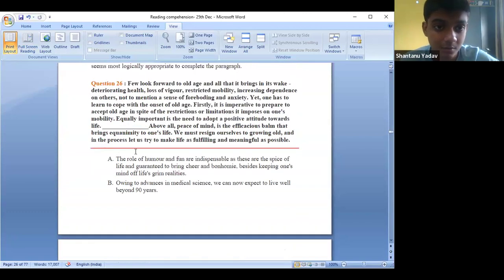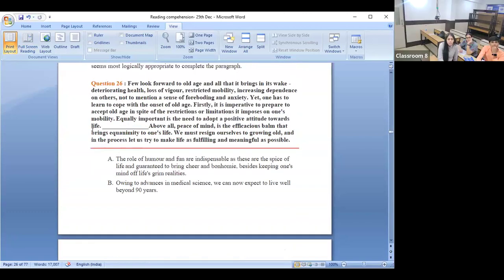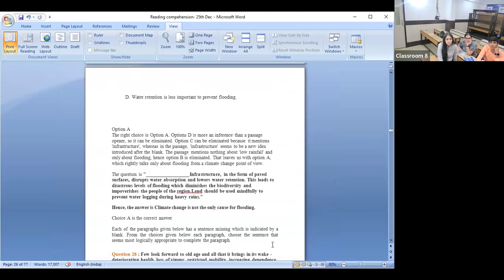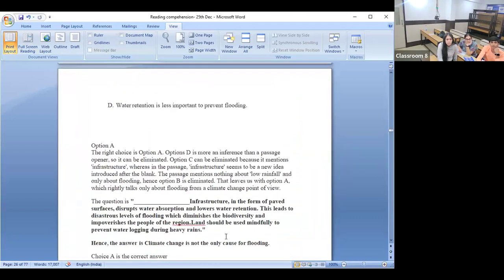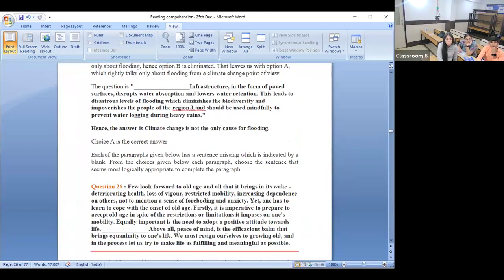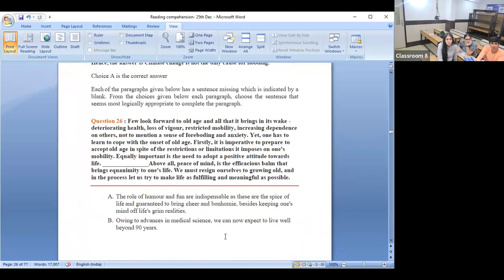Yes, ma'am. 26th question, right? Yes, ma'am. Passage, and then I'll show the options there. Otherwise, I have to reduce it. Does it make sense for you like this? Makes sense.